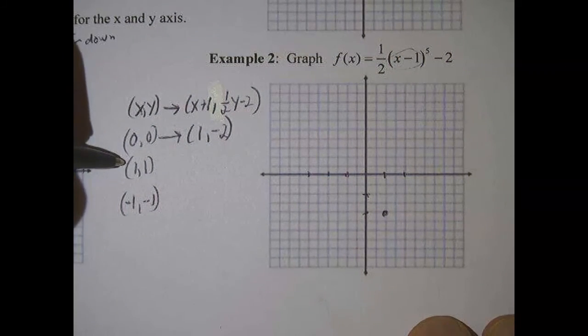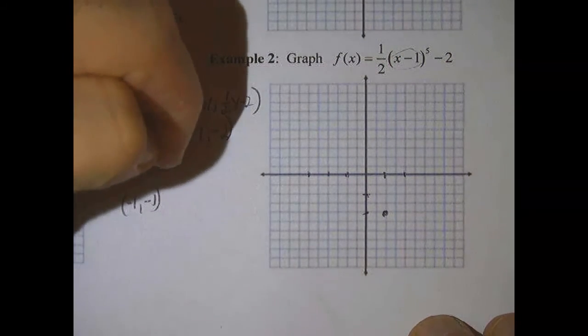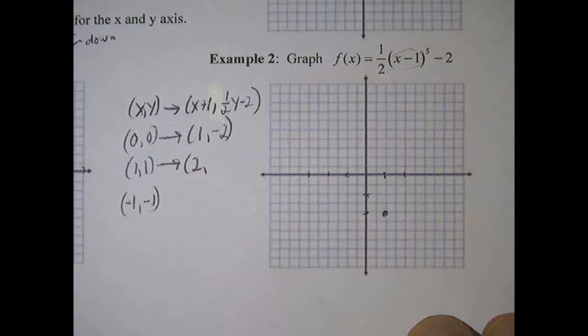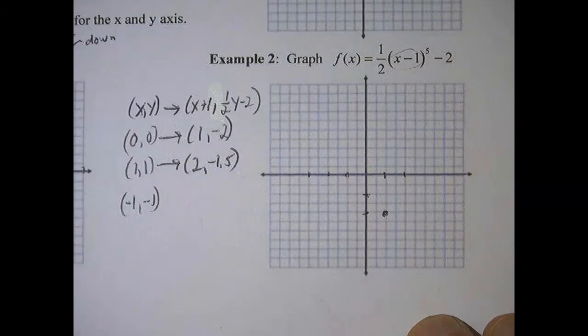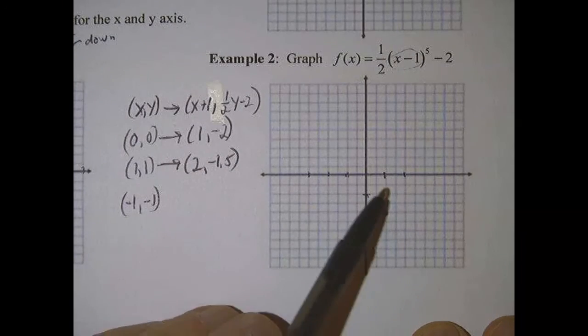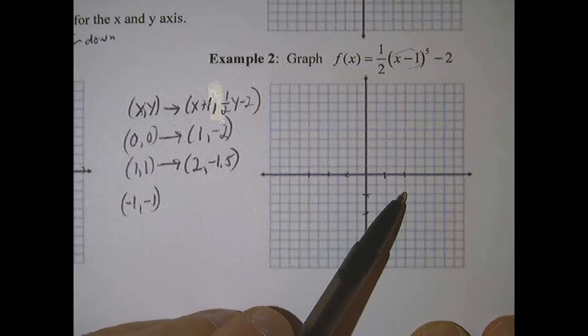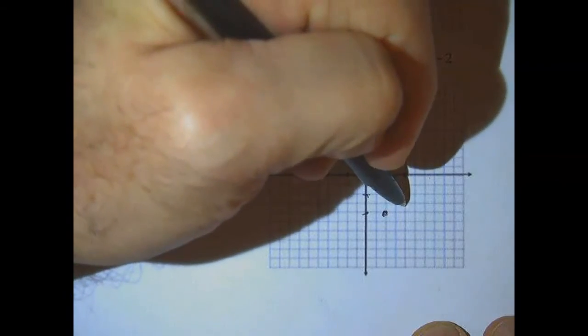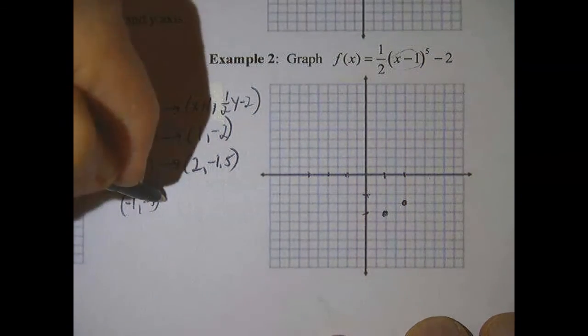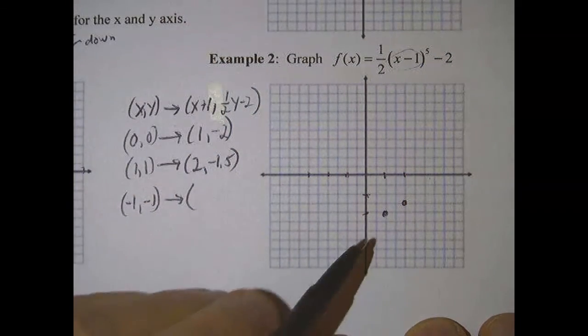All right, let's see what happens to 1, 1. Well, that goes to 1 plus 1 is 2, and 1 half minus 2 is negative 1.5. So I've got another point at 2, negative 1.5 right there. And then negative 1, negative 1 hopefully will be symmetrical here.